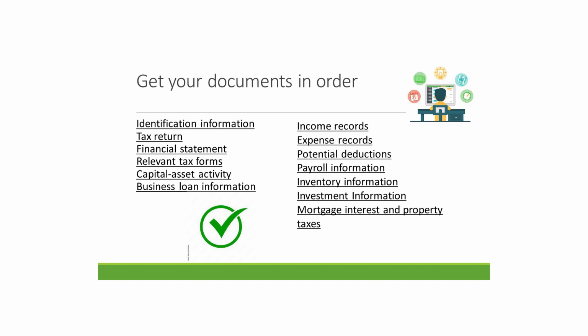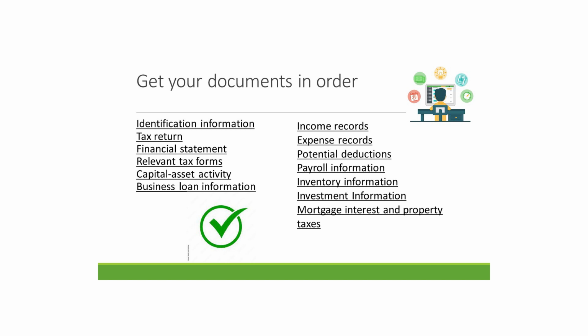Make sure you have your inventory information and investment information, as well as mortgage interest and property tax information. And so this here is just a quick overview of some of the information your accountant may need in order to prepare your tax returns.